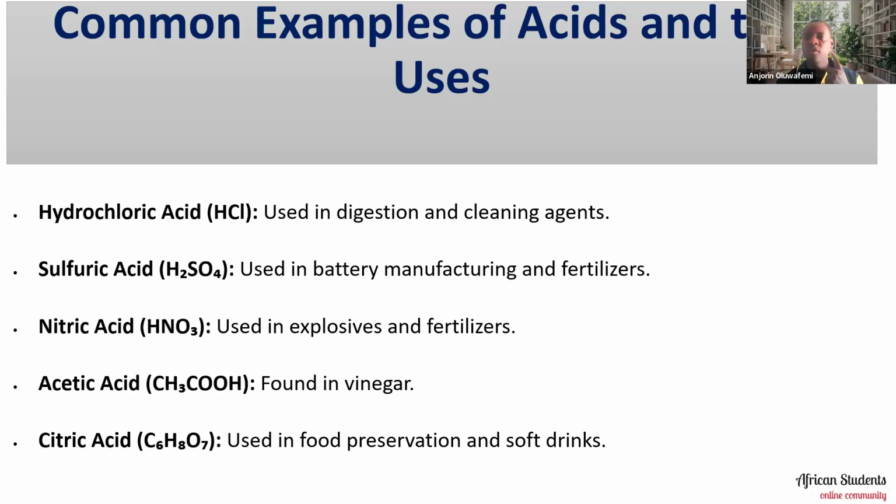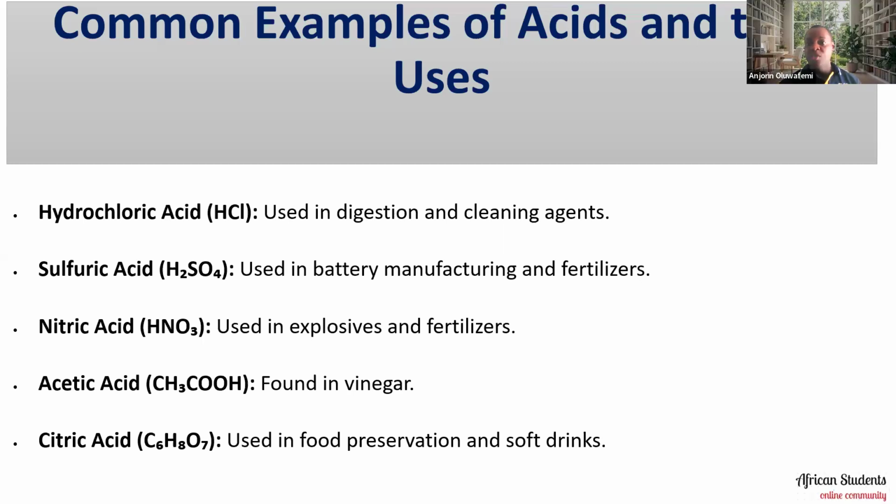Now, most of us eat, and whenever we feed, we ask ourselves, oh, what are the things that are in our stomach? One of the things that are in our digestive system that helps the digestion of food is HCl, that is domiciled in the stomach. It helps digestion, and it helps to create the right environment for the digestive system, so to speak.